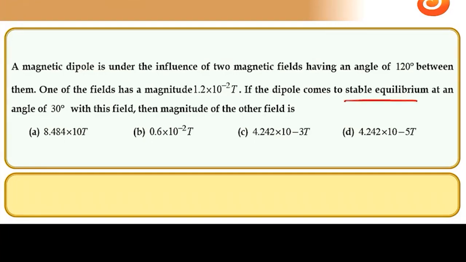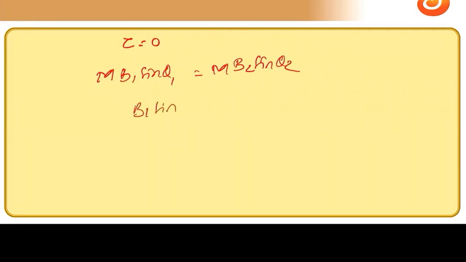So he says it is in stable equilibrium position, which means that the net torque is 0. That means m b1 sin theta 1 is equal to m b2 sin theta 2, or b1 sin 30 is equal to b2 sin 90.